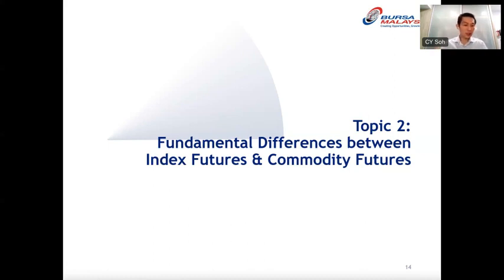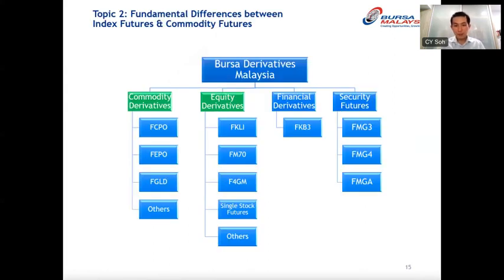Later on, in topic 3, I will share with you directly what factors affect index futures and commodity futures. As you may already know, in Bursa Malaysia Derivatives, these are the derivative products that you can trade in BMD. The popular products that fall under these two categories are the commodity futures as well as the equity derivatives.